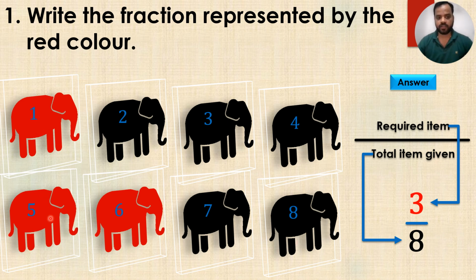So the numerator will be 3 and the denominator will be 8. So the fraction is 3 by 8. So 3 means 3 are red colored elephants out of 8 elephants.